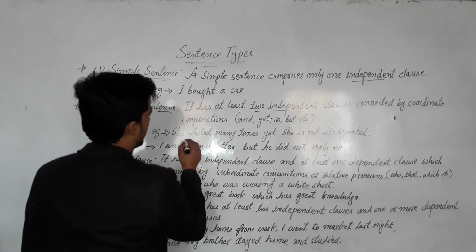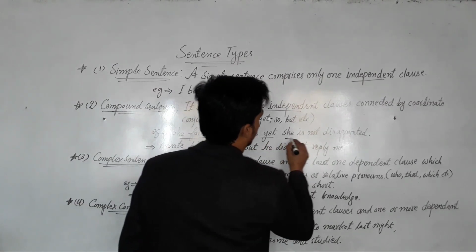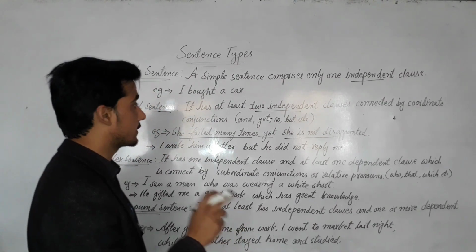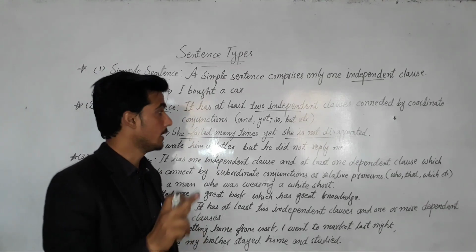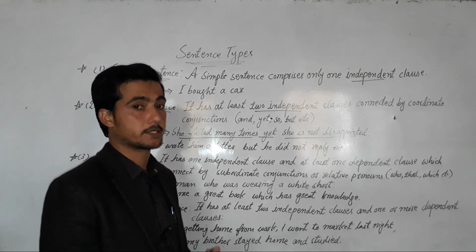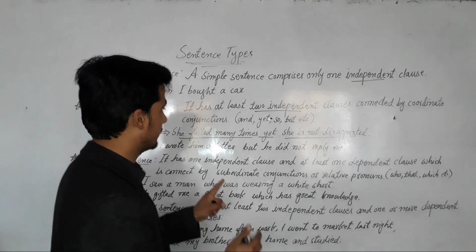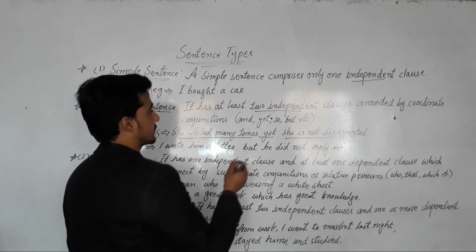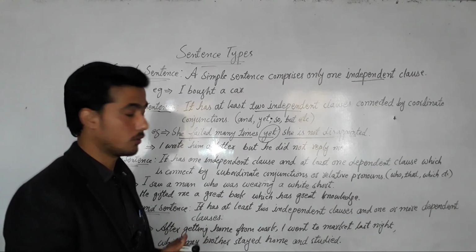For example, just look at: she failed many times, yet she is not disappointed. So you can see that this sentence consists of two independent or main clauses. You shouldn't be confused about main clause or independent clause, because main and independent clause are both the same. So look here, it consists of two clauses, one is this one and one is this one. It is joined by a coordinate conjunction, that is yet.